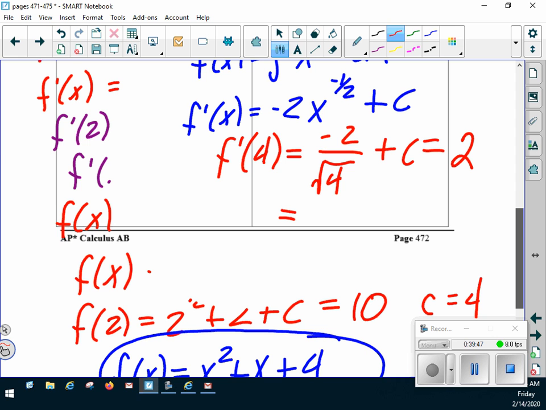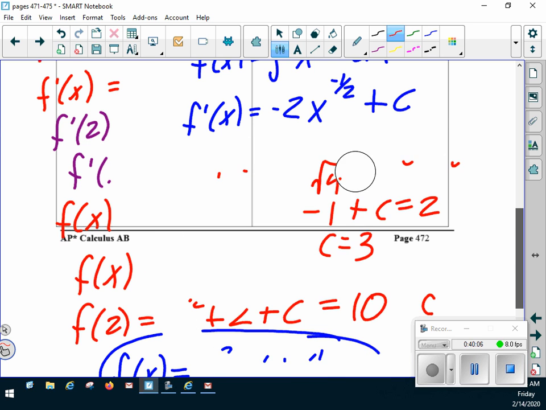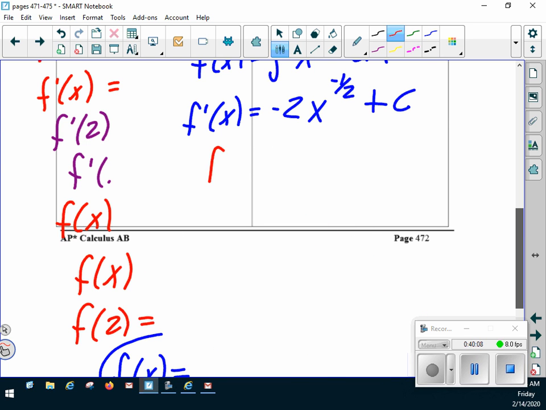Negative 1, right? Negative 1 plus c. So c is 3. You okay there? So I know c is 3. So f prime of x is negative 2x to the negative 1/2 plus 3.